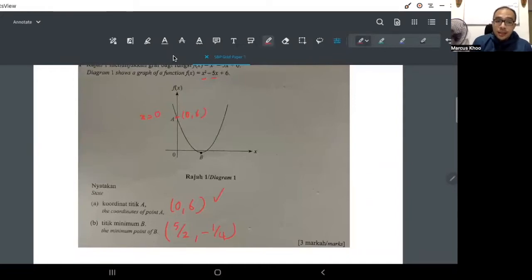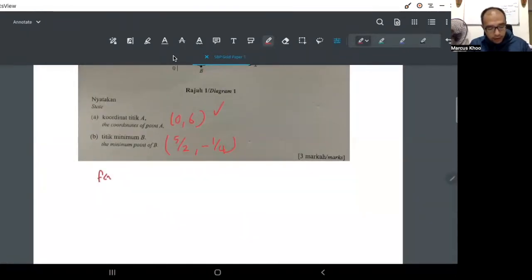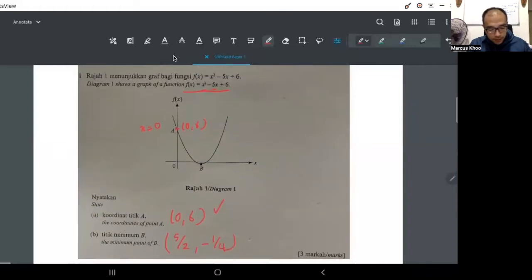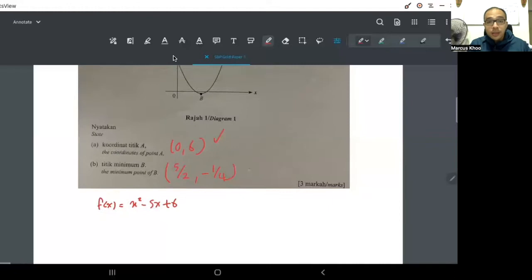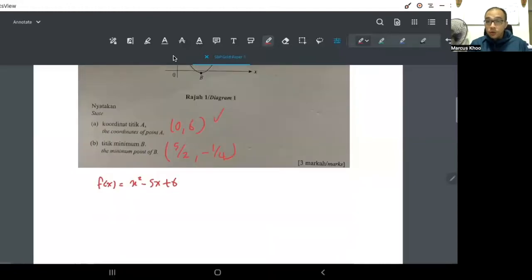Secondly, the minimum point B. The minimum point B will require you to complete the square. So if you have f(x) equals x squared minus 5x plus 6, when you complete the square, of course, we take this value, then we add and subtract half of it squared.